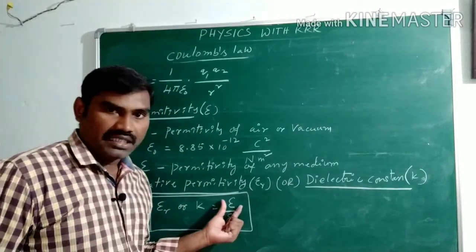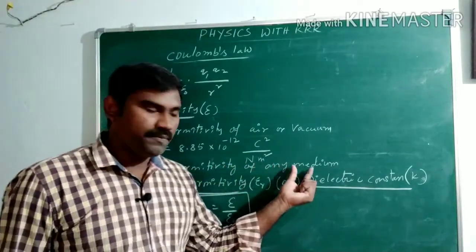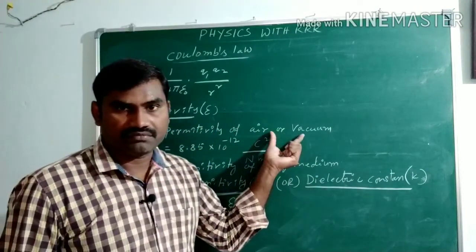Epsilon is the permittivity of any medium, whereas epsilon naught is the permittivity of air or vacuum.